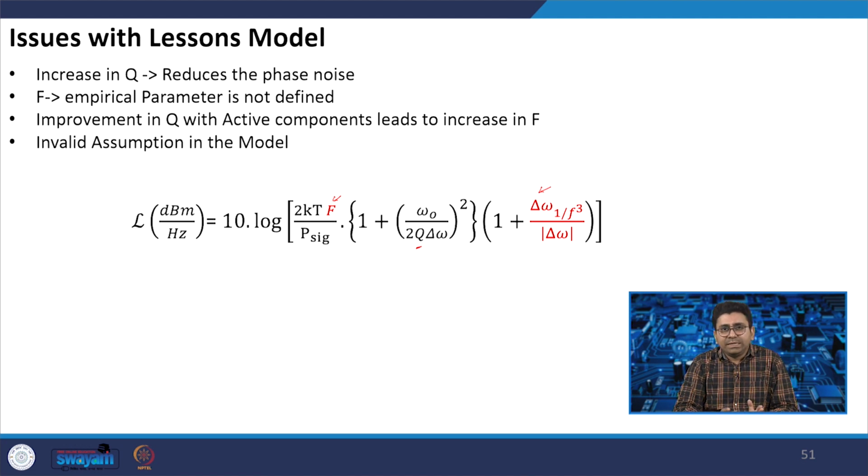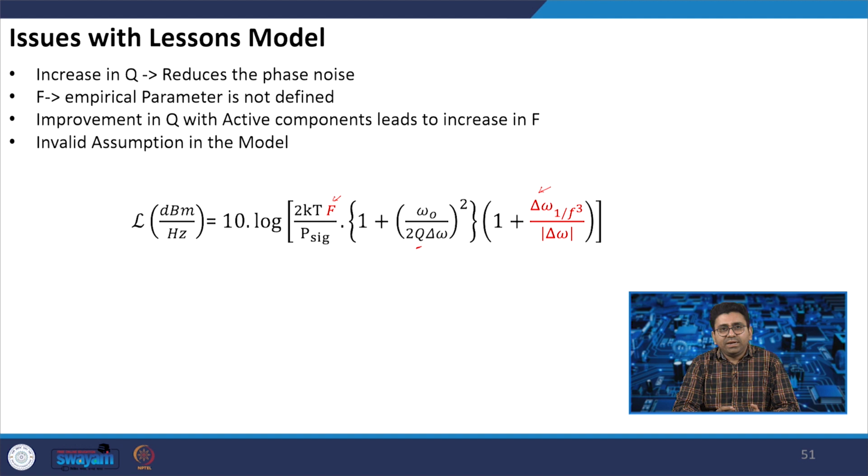However, if we try to improve the Q with active components, it might lead to an increase in the f, which is the empirical term defined. So, there are many places where this model has some invalid assumptions, that is f, and that will lead the designer to decide what to change and how to improve the phase noise in the oscillator.